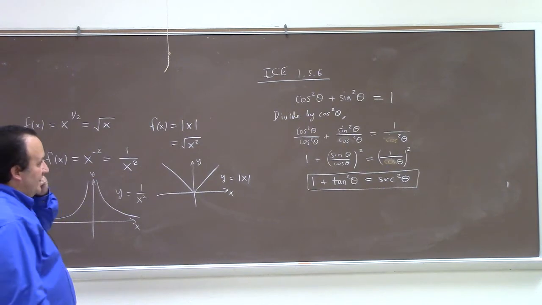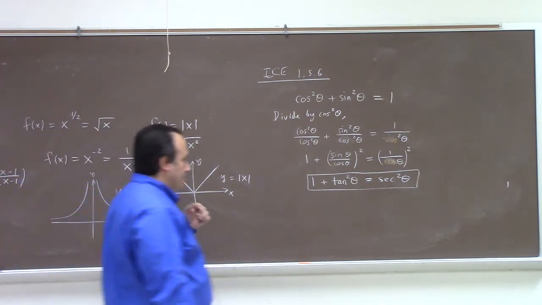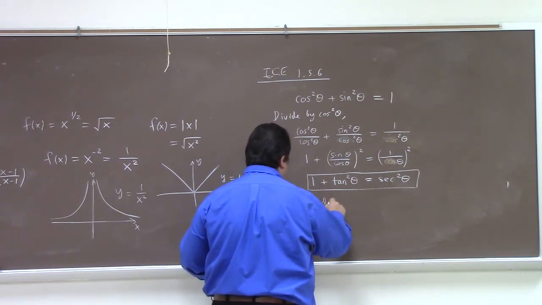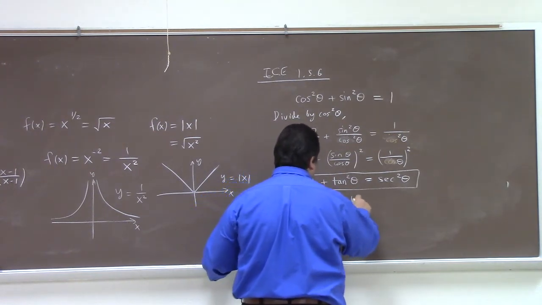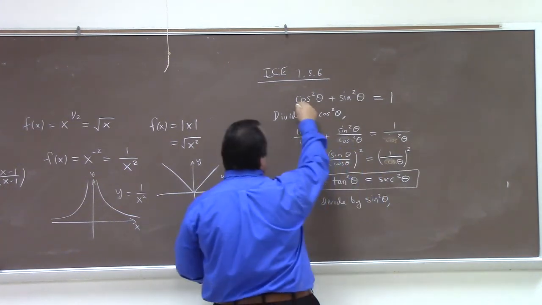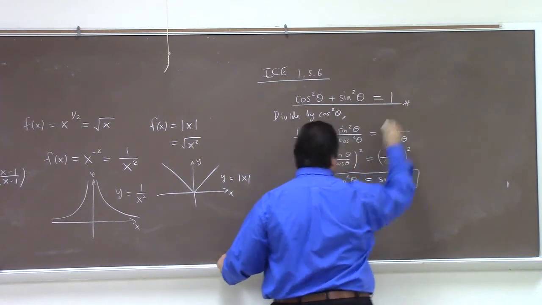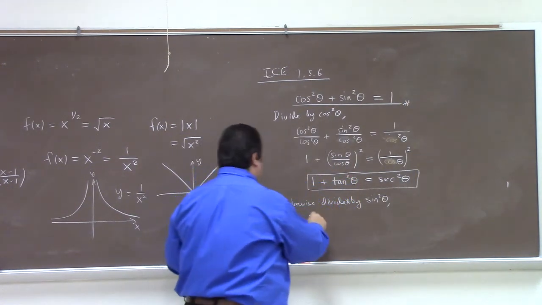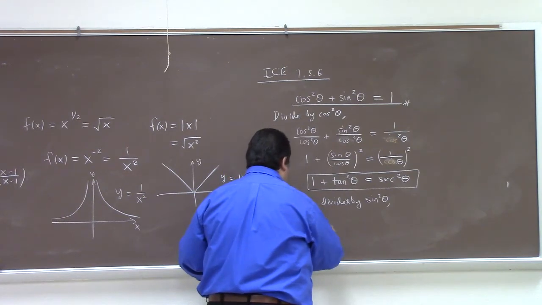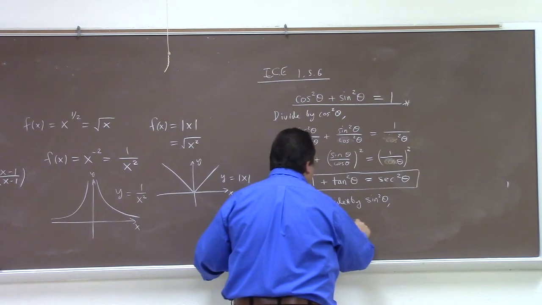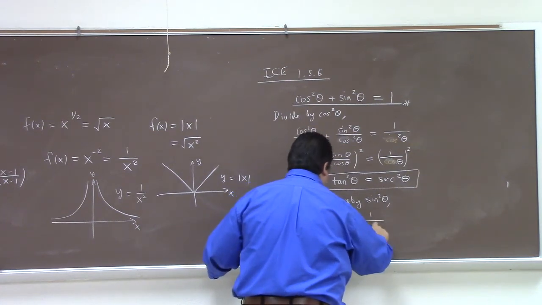What happens if you divide by sine squared? We get cosine theta over sine theta squared plus 1 is equal to 1 over sine theta squared, right?